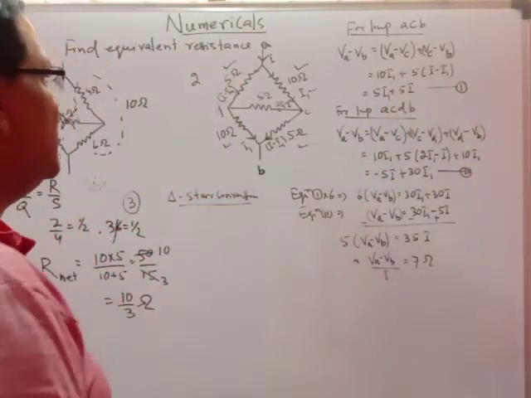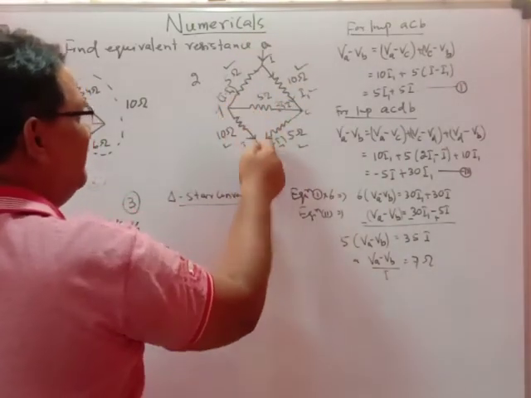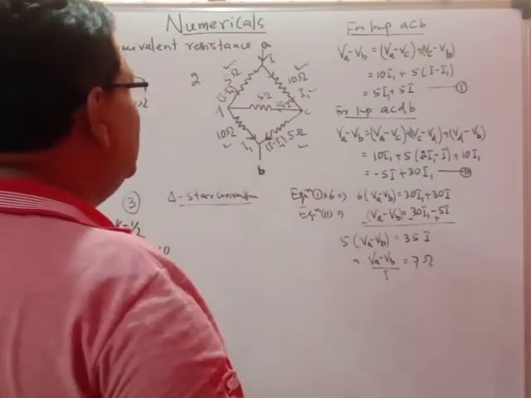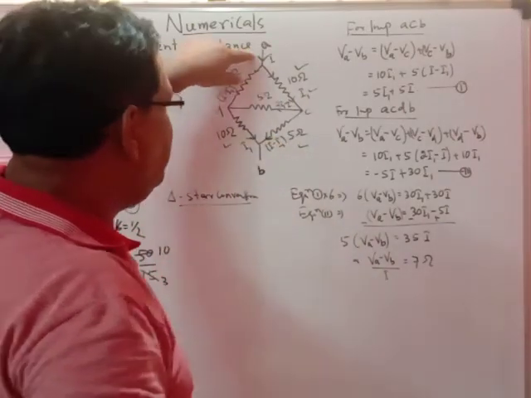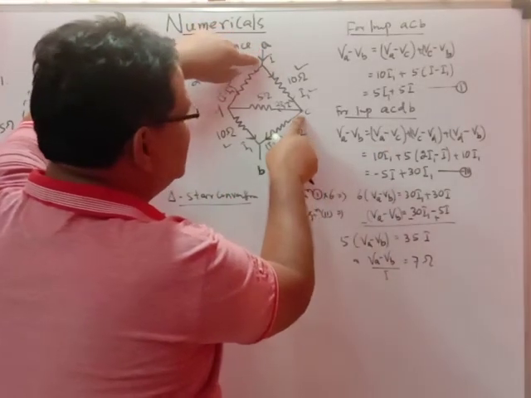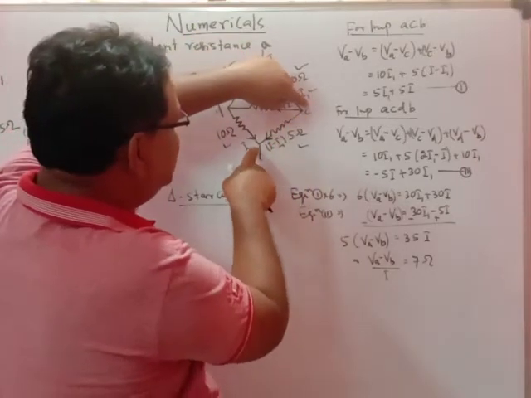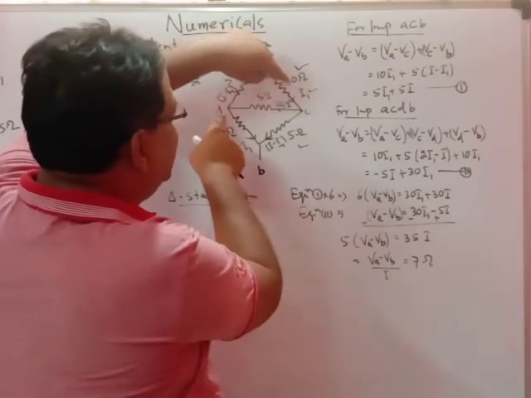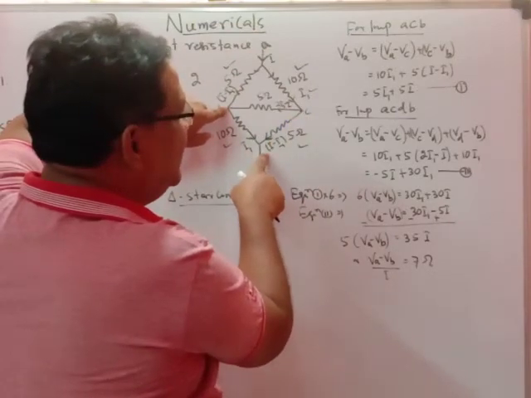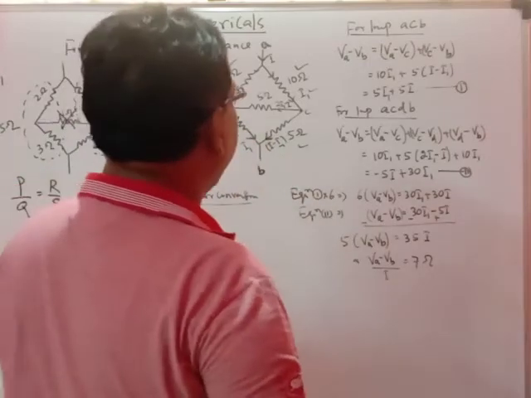Again, let us consider the loop A, C, D, B. I am moving along this way. What will be the VA minus VB? VA minus VB equals VA minus VC plus VC minus VD, that is across this potential difference, and again VD minus VB across this resistor.